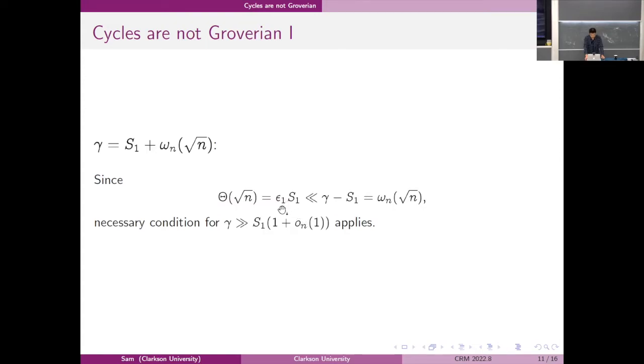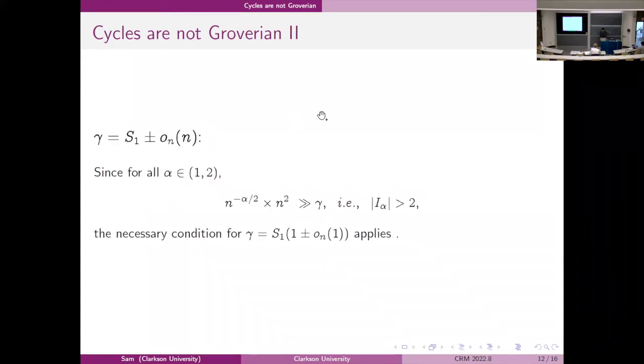And we can check epsilon times square root of S1 is of order square root of n, and gamma minus S1 is of order omega of square root n. So the first necessary condition will apply. This is saying when your gamma is too big, the spatial search will not work on the cycle.